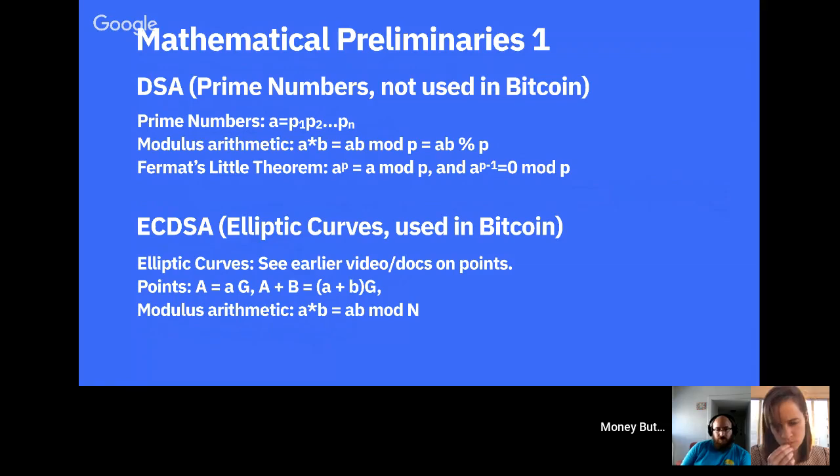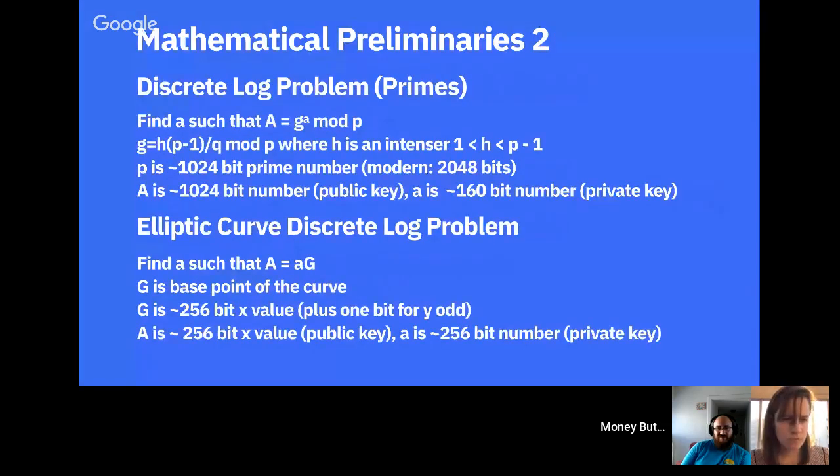So, okay, a bit more about mathematical preliminaries here. There's something called the discrete log problem, which is what the security of all this stuff is based on. There are two different discrete log problems that are relevant here. The first one, the simple one, I've got written there in a sentence: find a such that capital A equals little g to the power of a mod p.